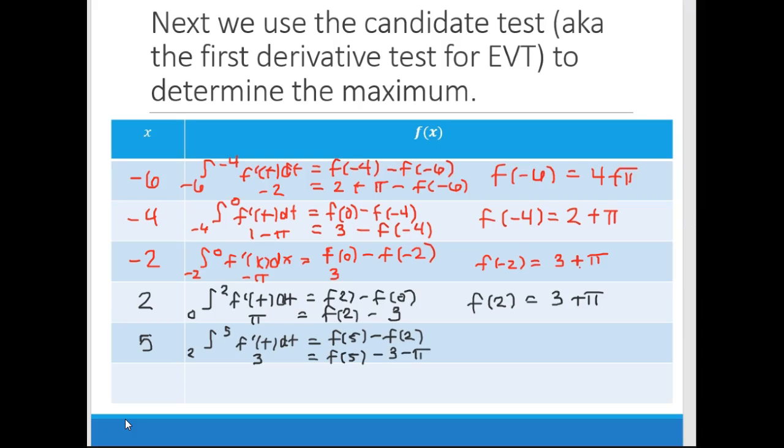So you'd add your 3 over, and you'd get 6 plus pi. Yeah, so the negative here would distribute.